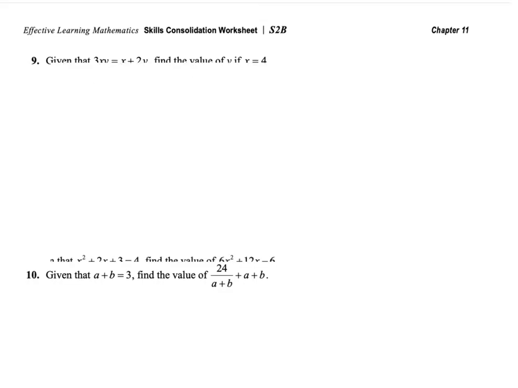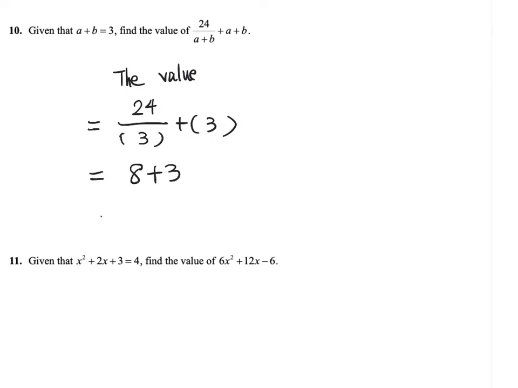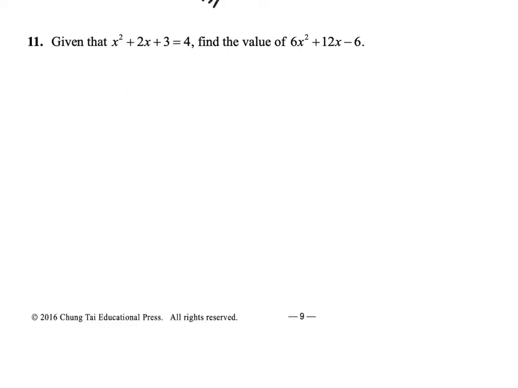For this one, this time you can see you substitute it back, so you have 24 over 3 plus 3, so that is why you have 8 plus 3, which is equals to 11. Okay, for this one, I hope that you can see that this is equals to 4.